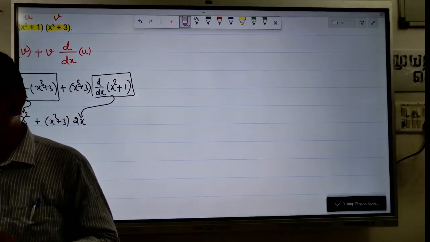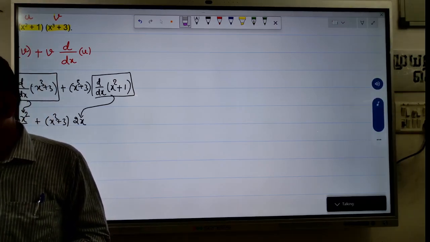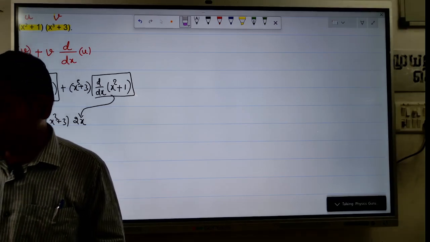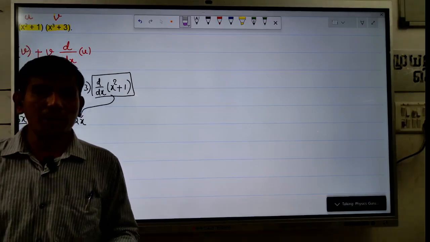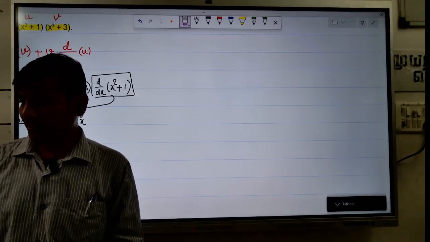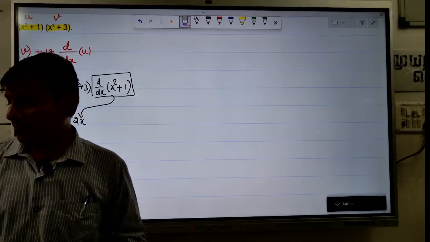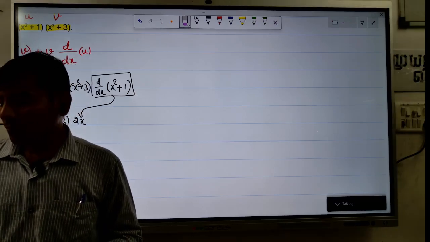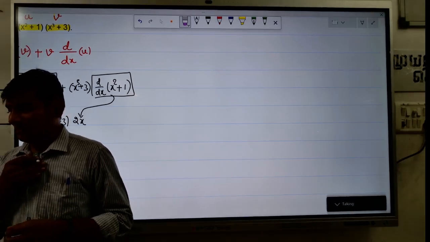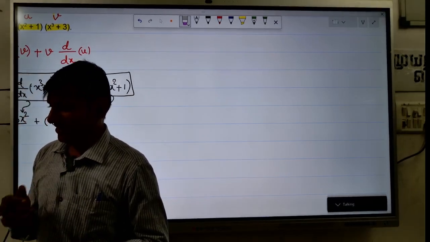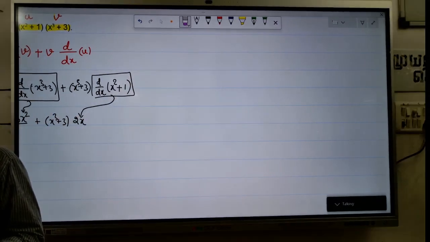Anyone? Newton's second law. You know Newton's first law and Newton's second. Can anyone explain to me? Difficult?